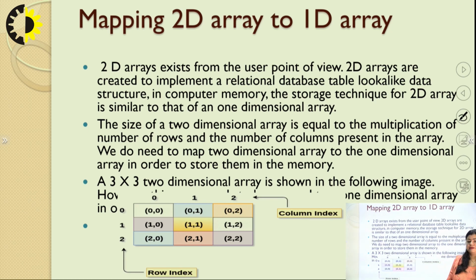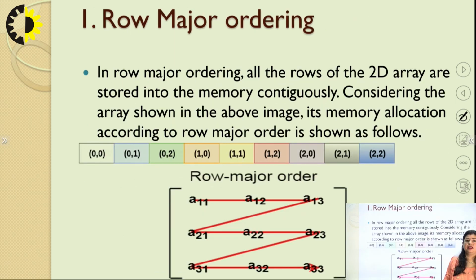You can see the mapping of the two-dimensional and one-dimensional array. Here is the column indexing and here is the row indexing, and we find the index numbers with the help of mapping: 00, 01, 02, 10, 11, 12, 20, 21 and 22. Now find the row major ordering.